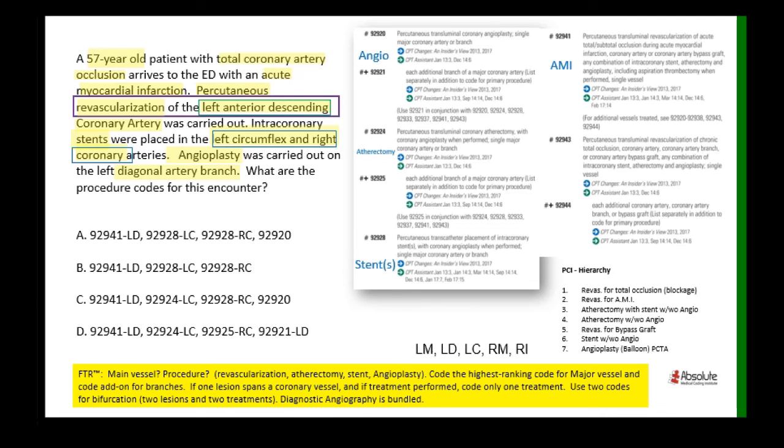All right, so there it is, revascularization of the left anterior descending in the setting of a myocardial infarction. If you look to the right, you've got our hierarchy, and that tells you that acute myocardial infarction outranks everything else that was done that day.